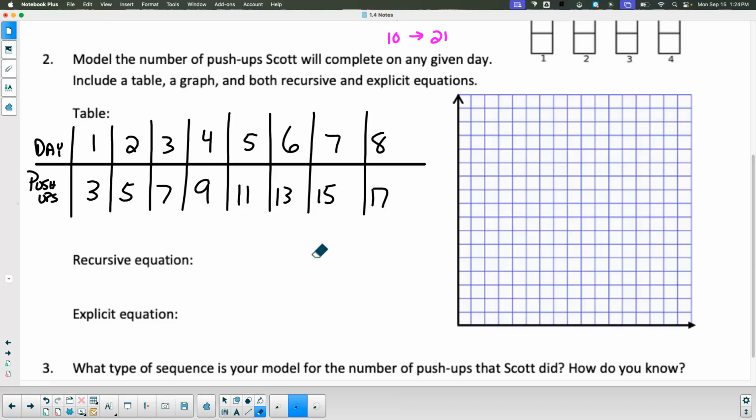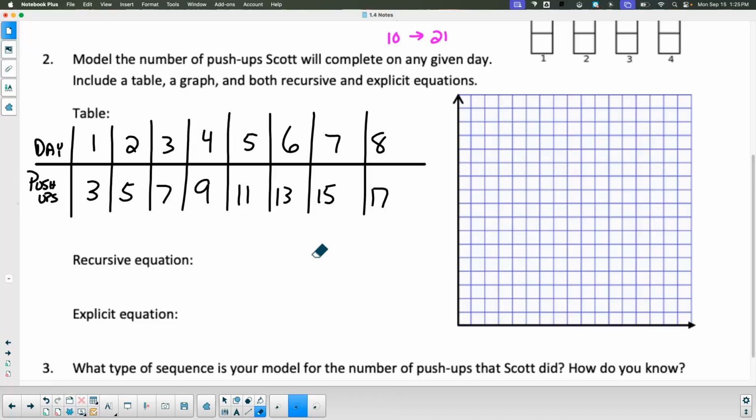What are we changing by every single day? With recursive, you've got to give me some kind of a mathematical operation. We're adding 2 push-ups every day. Do we all agree?